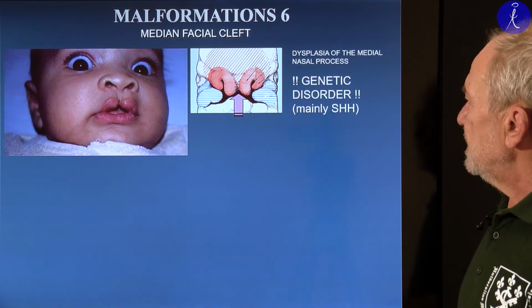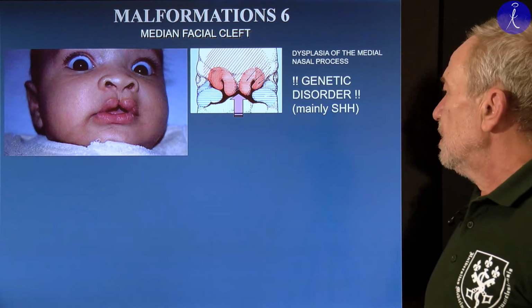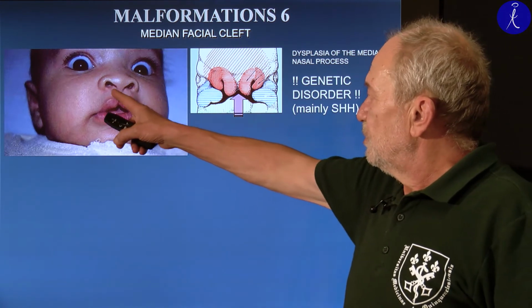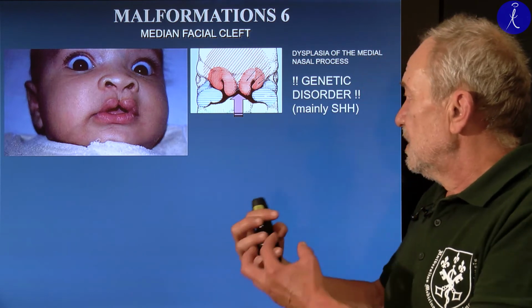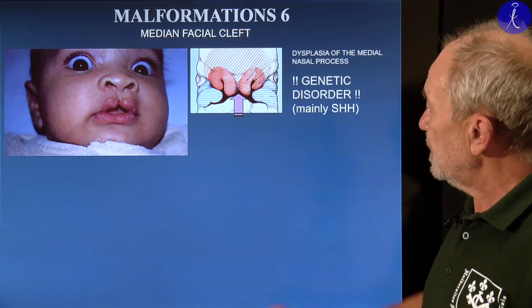The other is the median facial cleft, which is at first quite strange, because this middle portion of the lip has a single origin, a single process, so there is no fusion needed here.